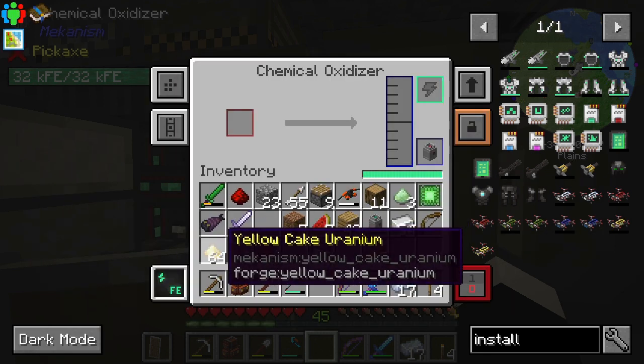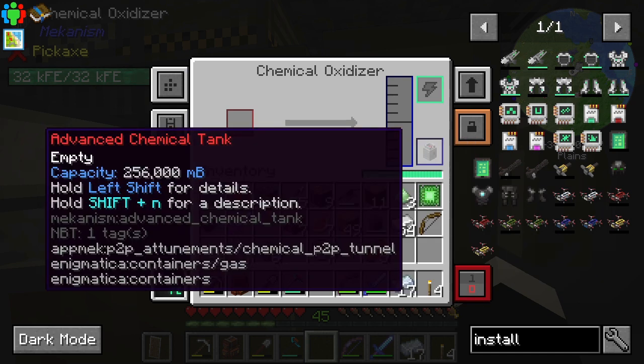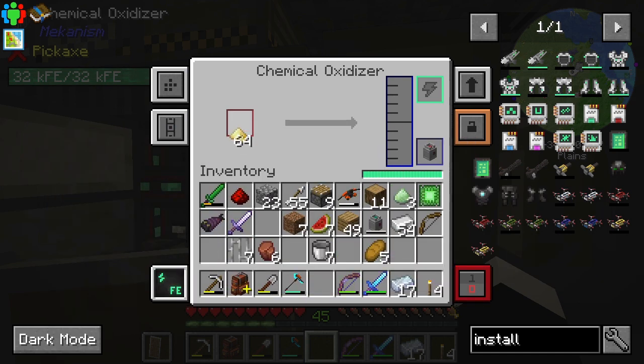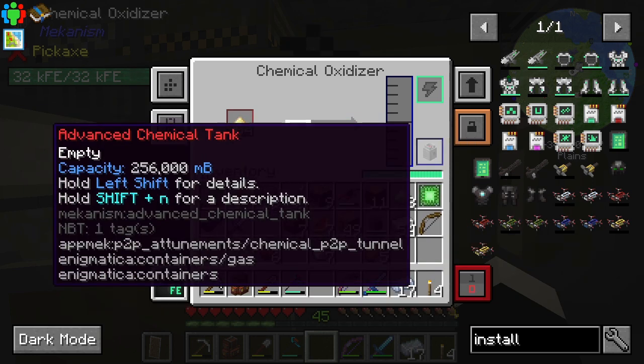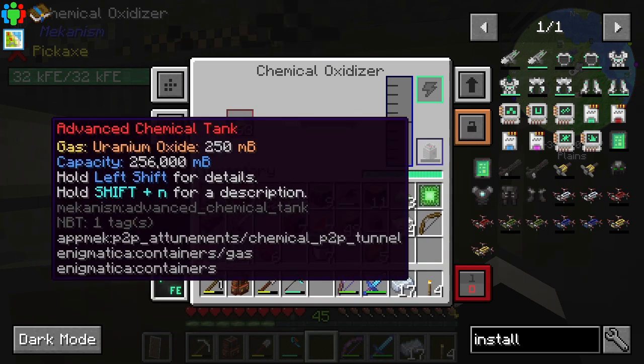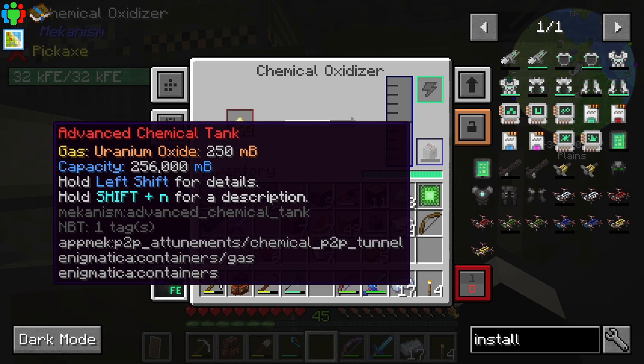So 64 divided by 4 is 16,000. There we go. That is how much. 16 buckets, I should say.